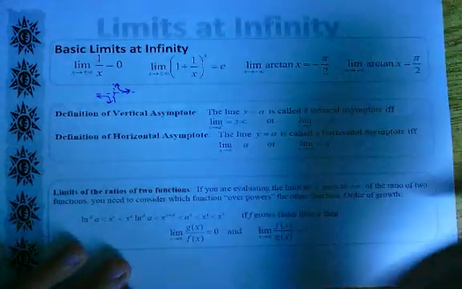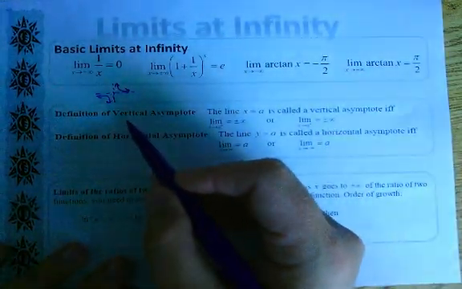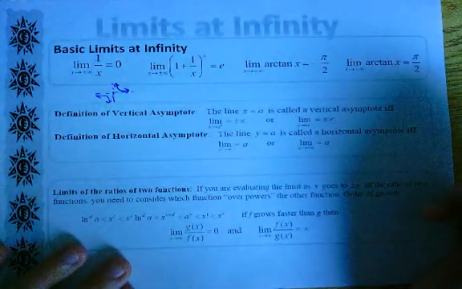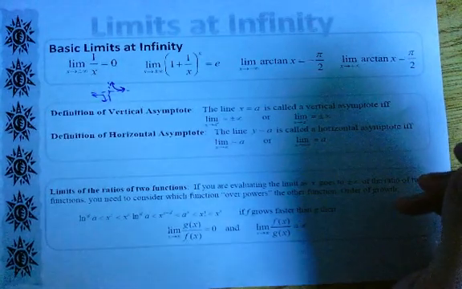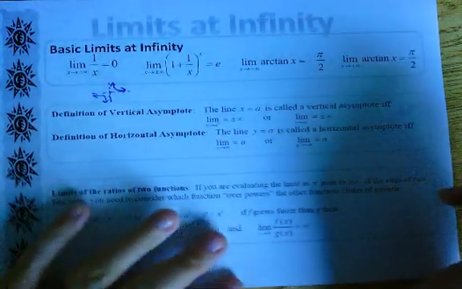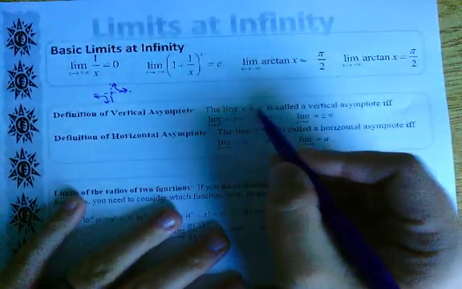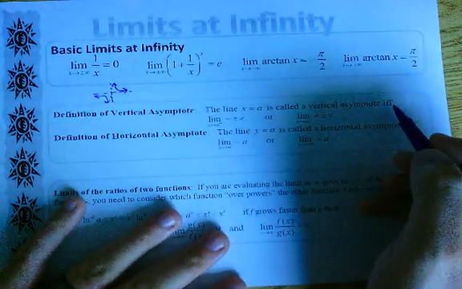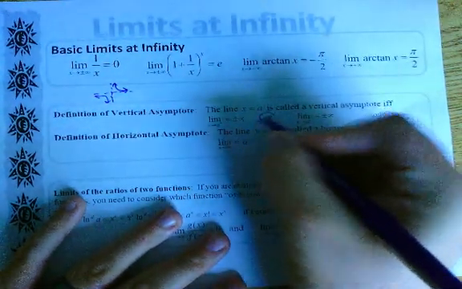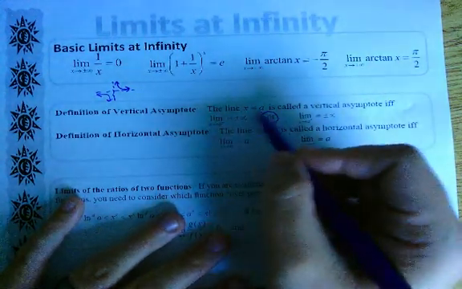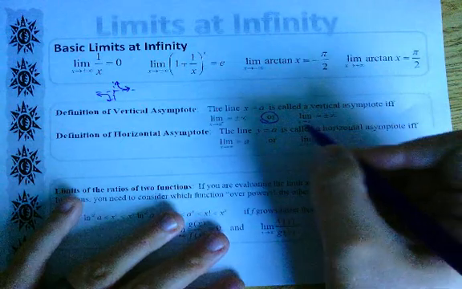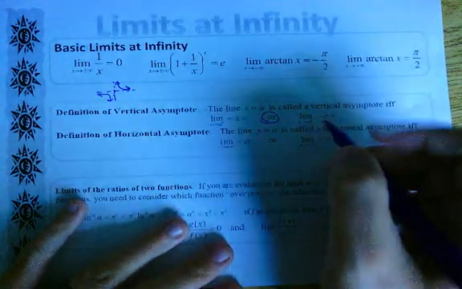Okay, and here are some technical definitions about vertical and horizontal asymptotes. You've seen those before, and you can find them by looking at rational functions, but this is technically what it is. The line x equals a is a vertical asymptote if and only if one of these two happens. This is an or. So if the limit from the left of that point equals positive or negative infinity, or if it does from the right.